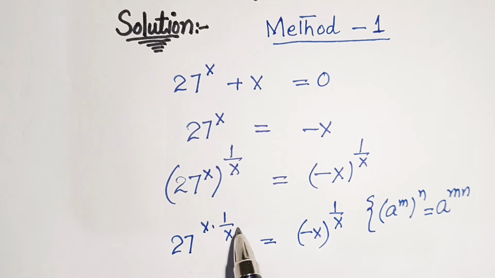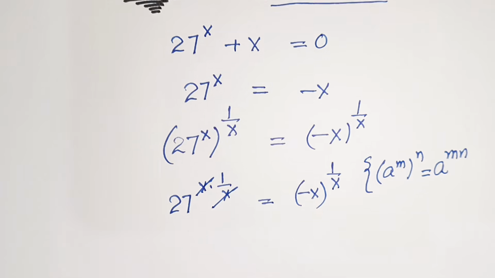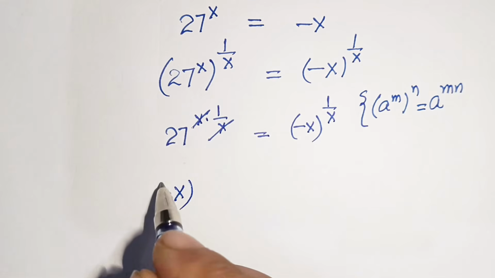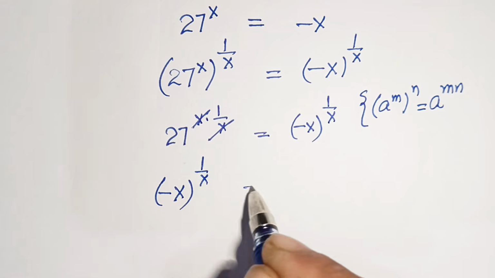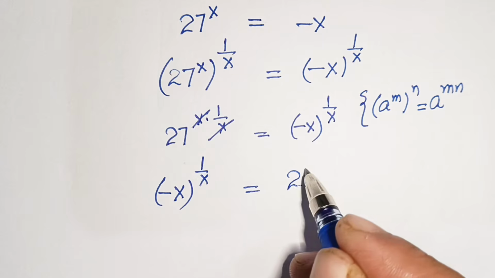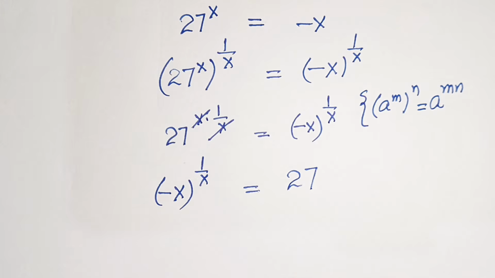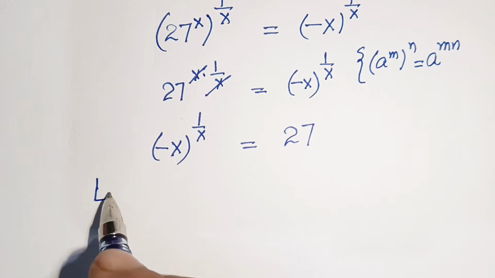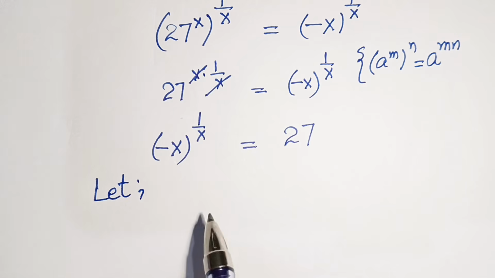On our left hand side, this x can be cancelled out with x, so we get 27. If we just shift minus x to the power 1 over x to our left hand side, then it will be equal to 27.